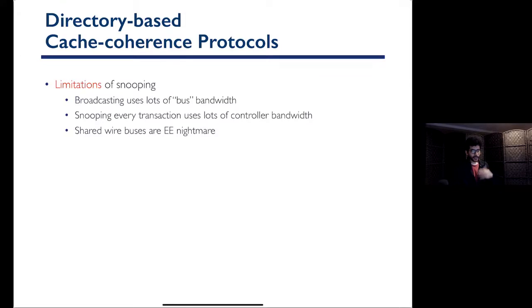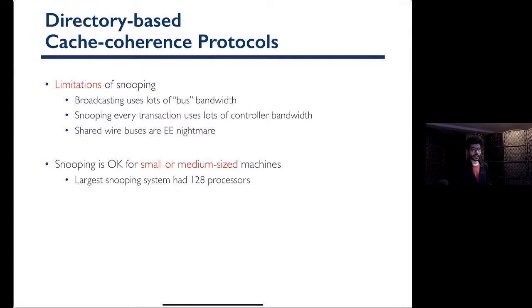Anybody who has done any electrical engineering should know that having these shared wires between multiple controllers is a nightmare. So as a result, this design does not scale well.